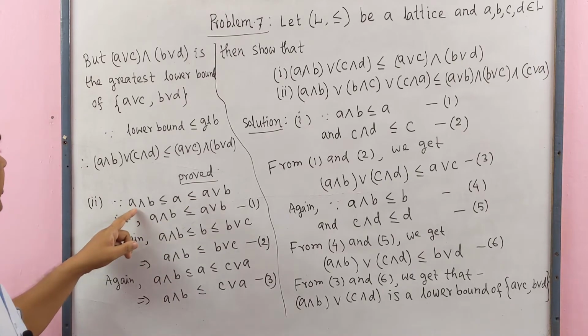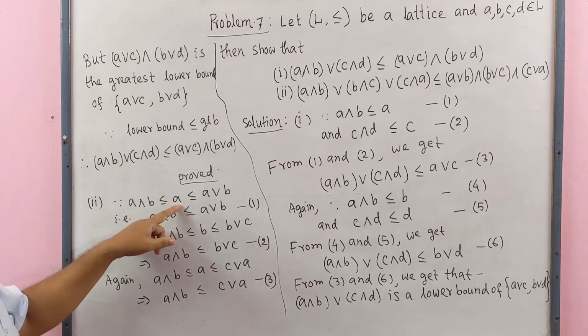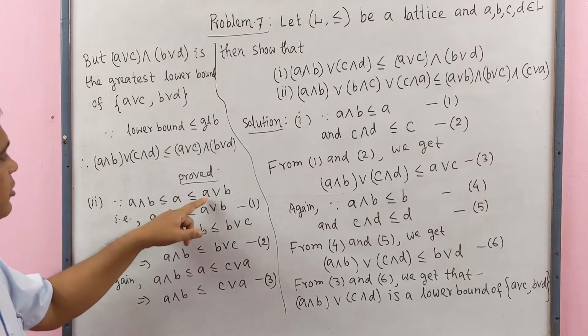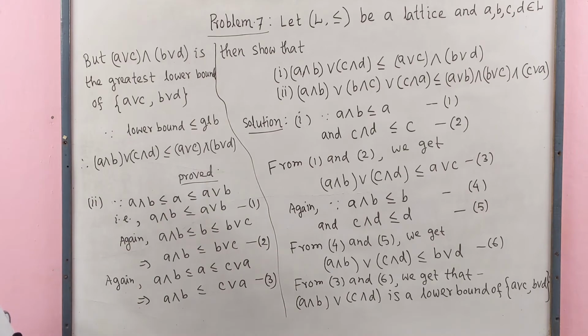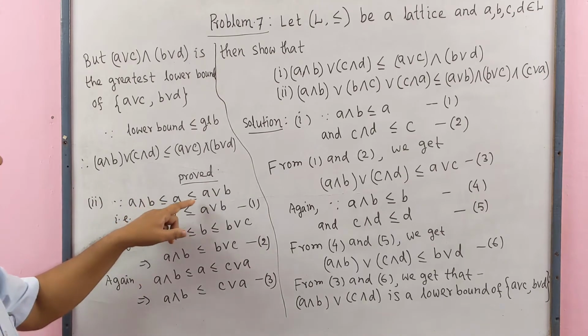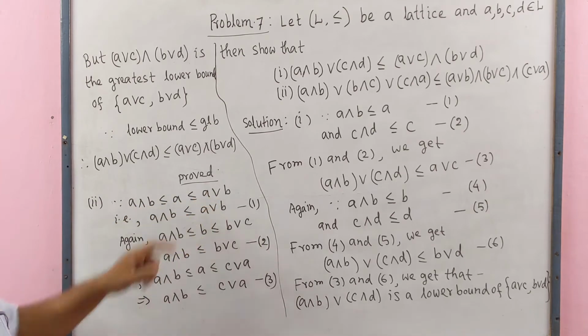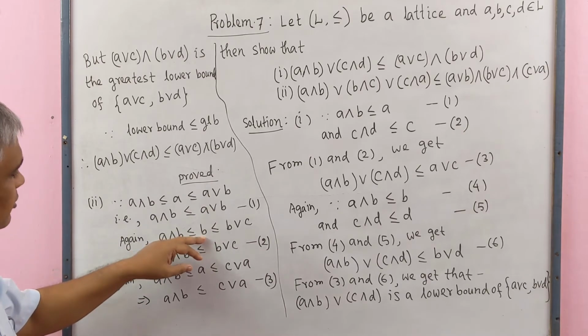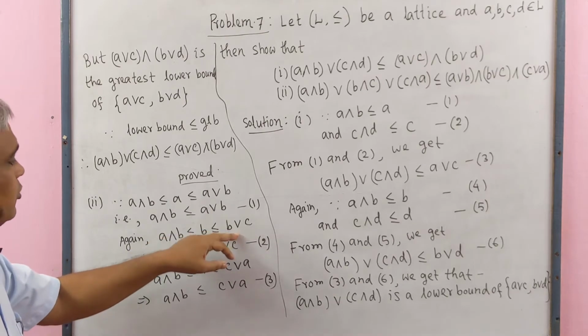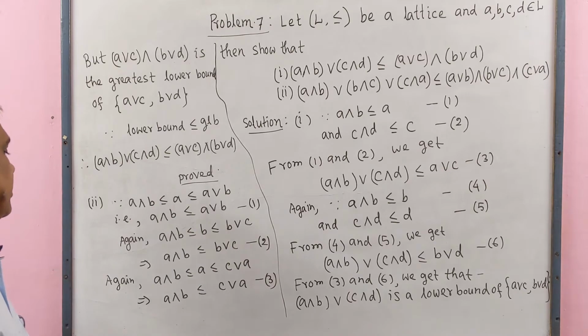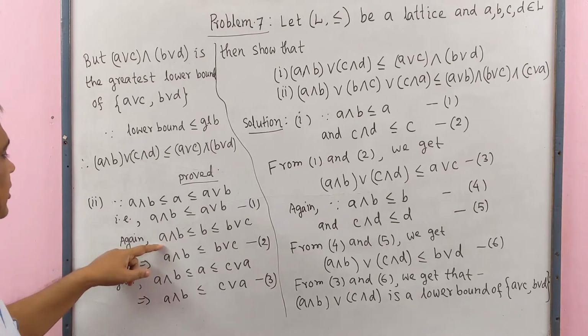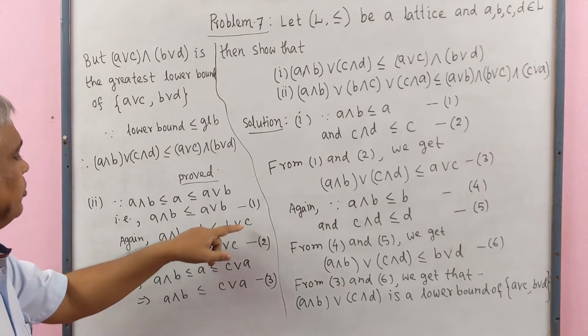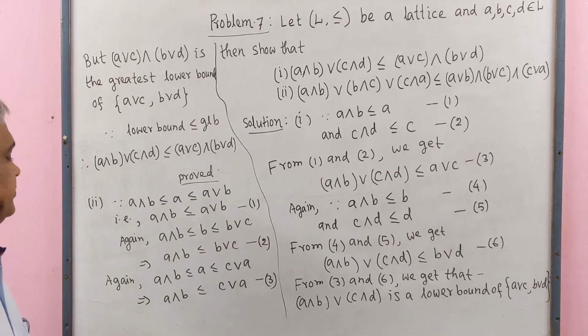Since we know that A meet B less than equal to A and A is less than equal to A join B, therefore A meet B less than equal to A join B. Again, A meet B less than equal to B, and B less than equal to B join C. Therefore, A meet B less than equal to B join C, number 2.